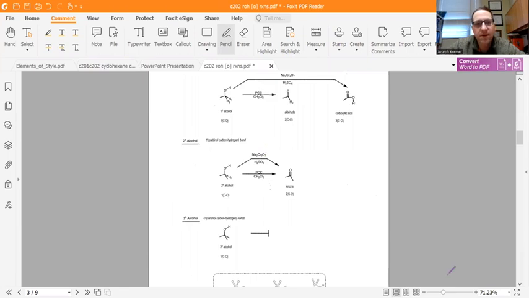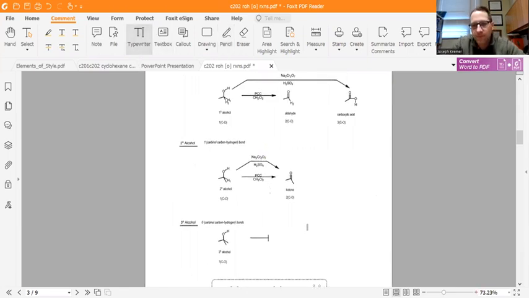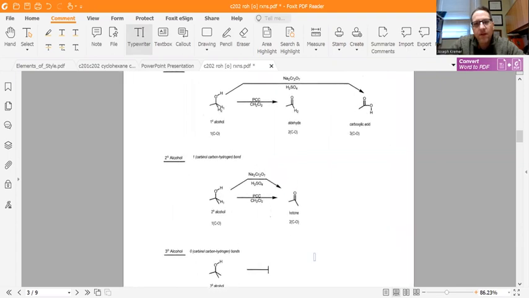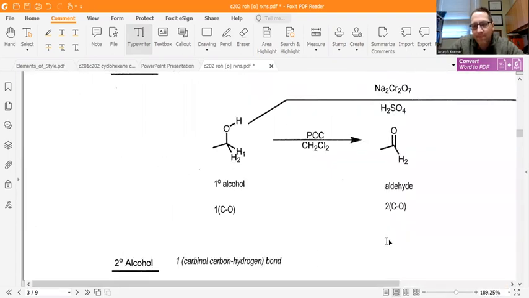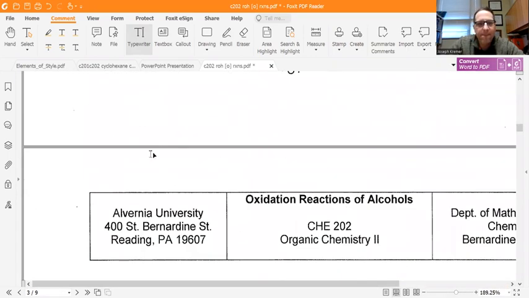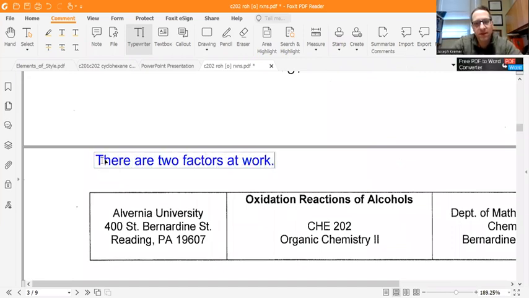So let's inspect our key. As I said, there are 2 factors at work in this key. Factor 1, degree of alcohol. 3-degree alcohols will not oxidize.